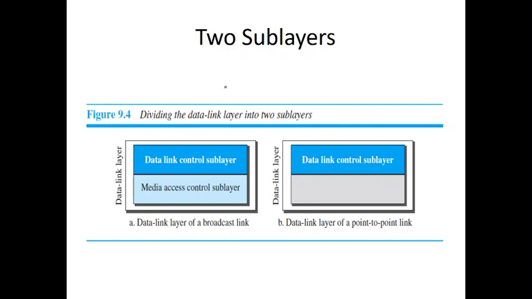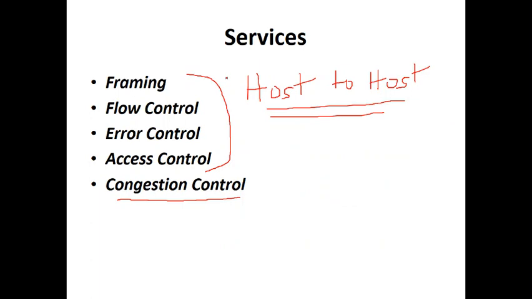So we have seen that there are different services given by the data link layer. We have discussed what is host to host communication and framing. Framing is one of the major services given by the data link layer. Framing means we are encapsulating the data received from the network layer with the help of header and trailer.